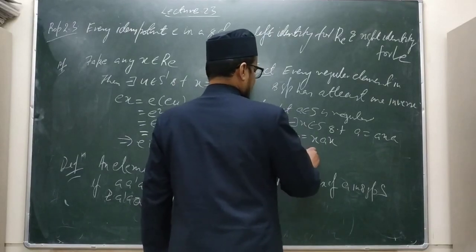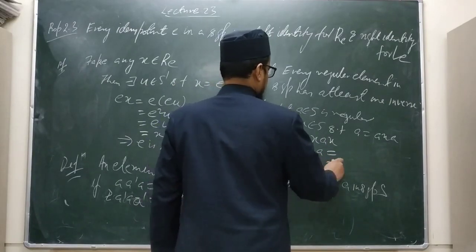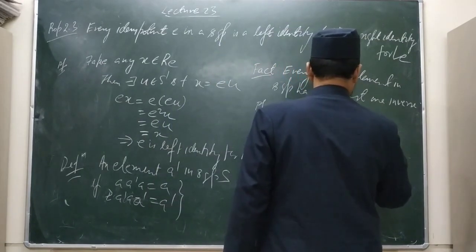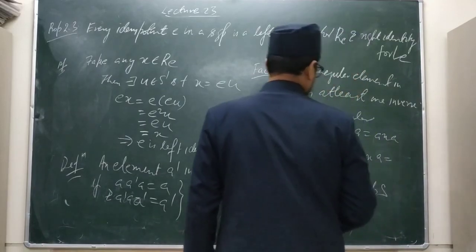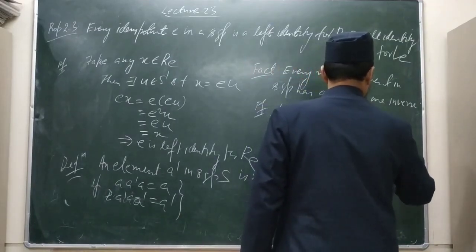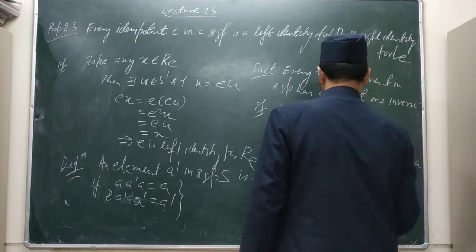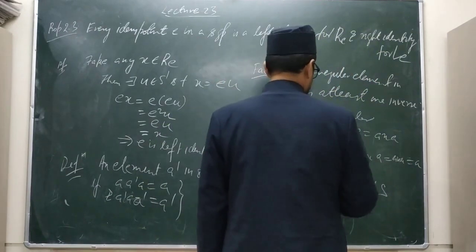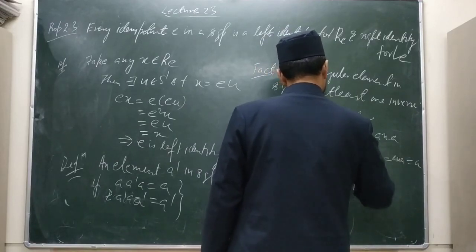Then you calculate aba and bab. Calculate this. This is what? axaxa. This will come as a, correct? Now bab means xaxaxax.